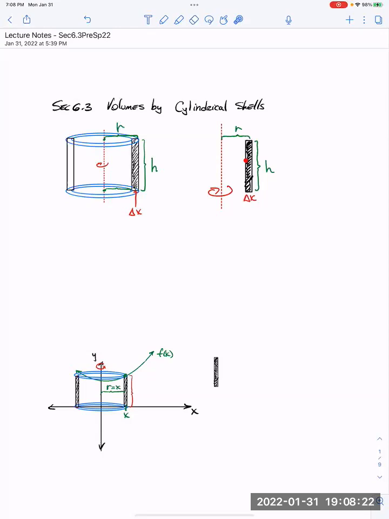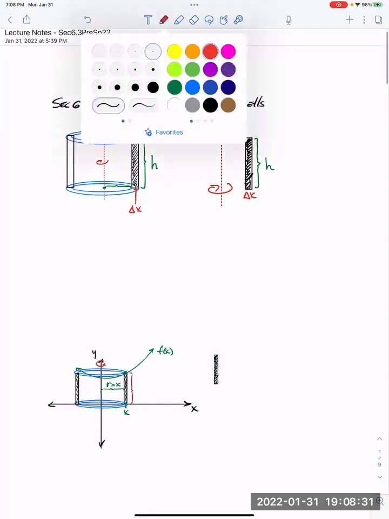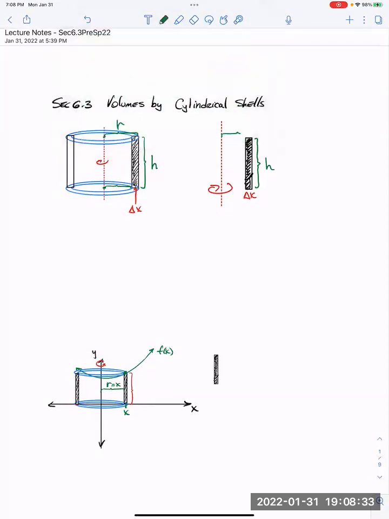So to be more precise, as we develop our equation for the volume of a shell, we have a slightly larger R, which goes to the outer edge of the partition, and let's call that R1. Then you have a smaller R that goes to the inner edge. Let's call that R2.